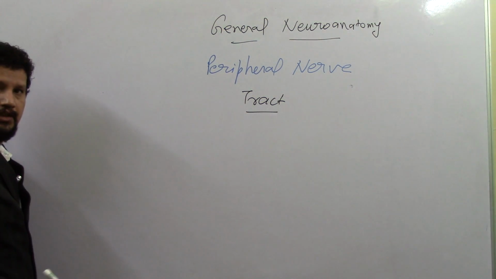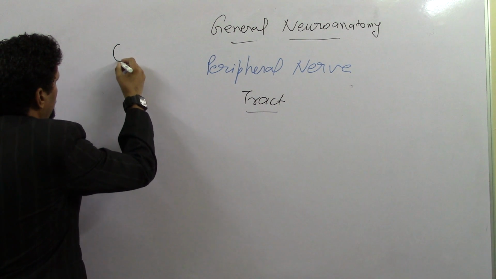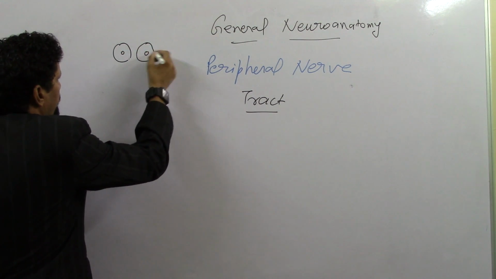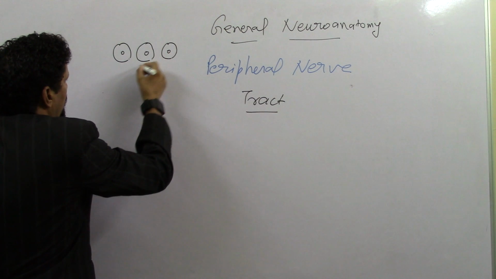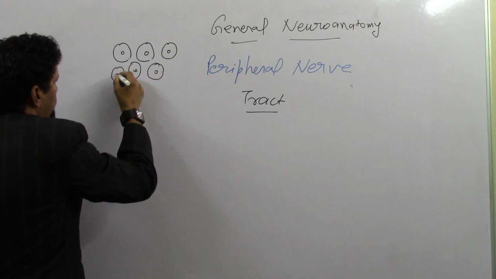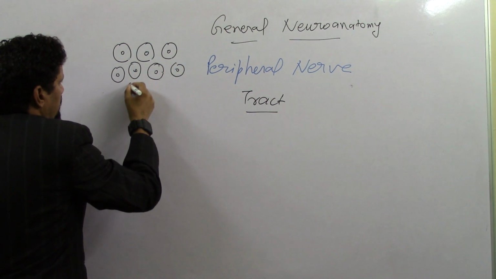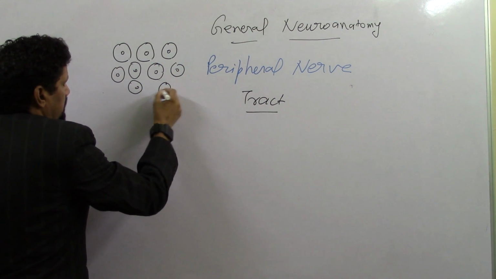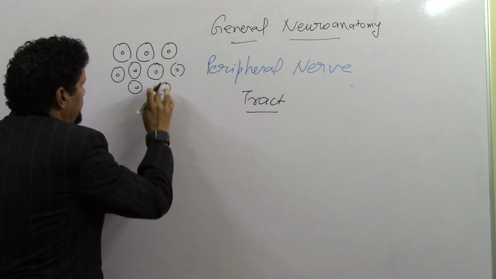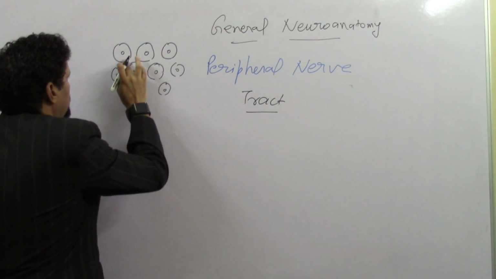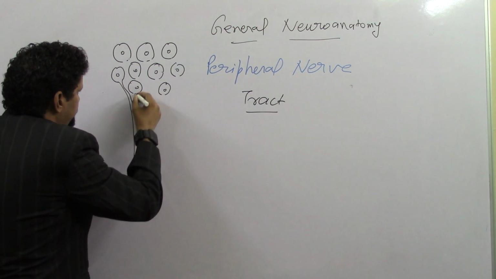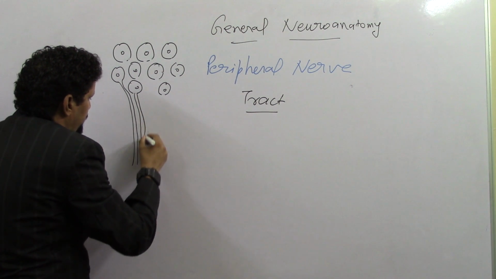Here is a collection of neurons, that is a collection of perikaryon or soma, and these are their axons coming out from the soma or cell body of the neuron.